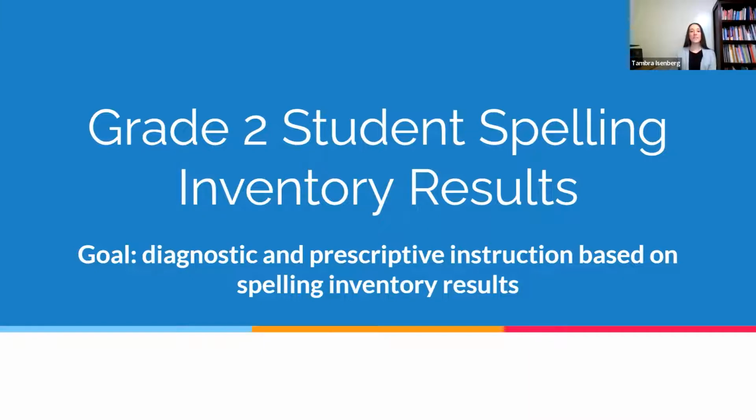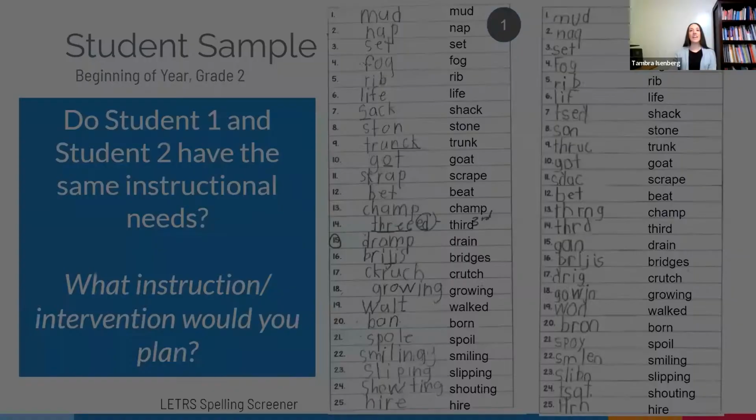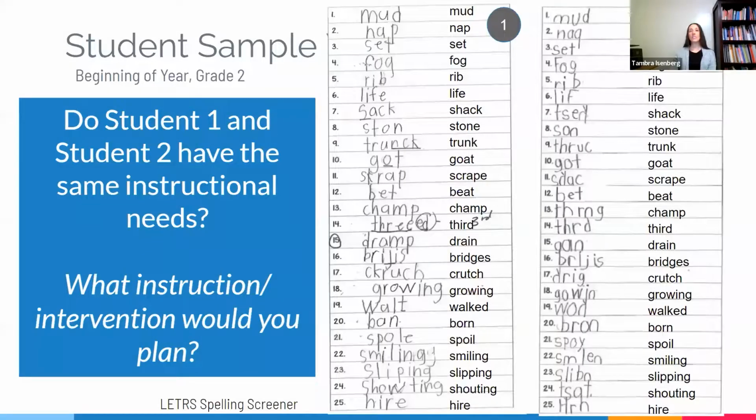So we're going to give you a minute to look at these two spelling samples, remembering that these are from the beginning of second grade. We have student 1 and student 2, and just think about if these two students have the same instructional needs, and what would you do about it? I'm just going to give you 1 minute to think about that. You can, of course, throw some things in the chat as it pops up.